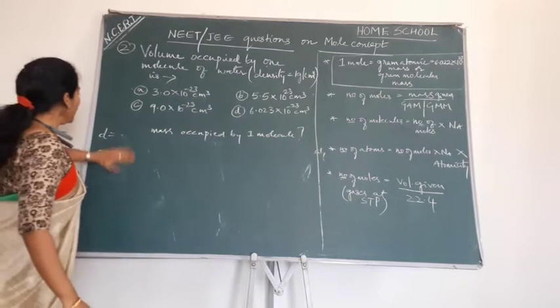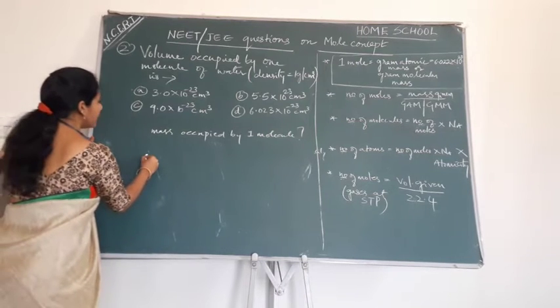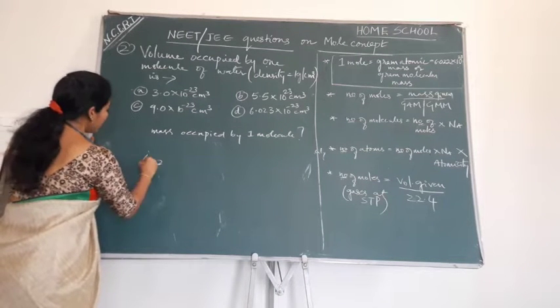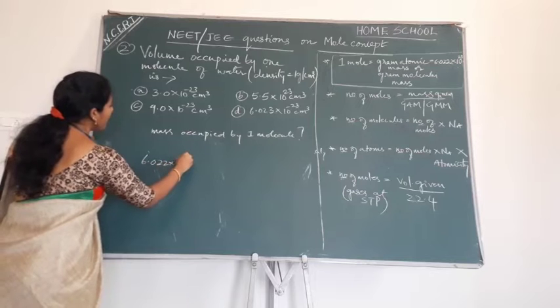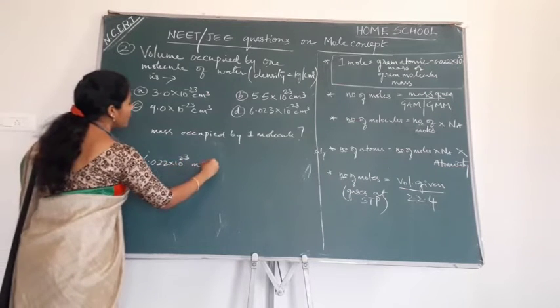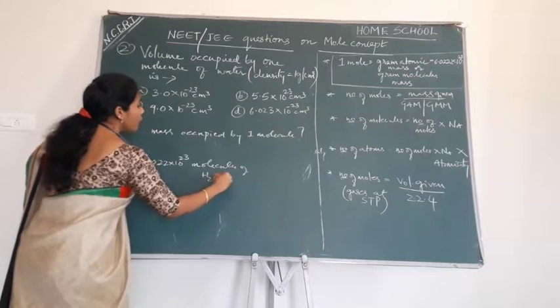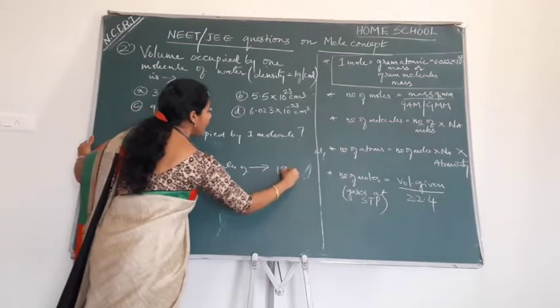We all very well know that 6.022 into 10 to the power of 23 molecules of water will have a mass of 18 grams.